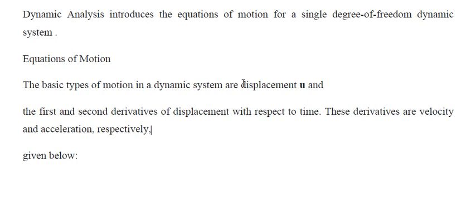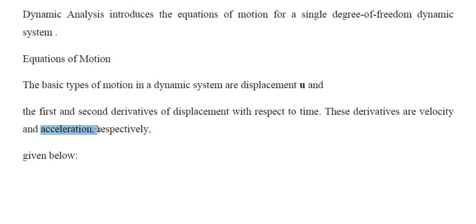One is the displacement parameter, the other one is the velocity parameter, and the other one is acceleration. There are three parameters considered in the equation of motion in a dynamic analysis problem. Those three parameters are displacement u, velocity v, and acceleration a.